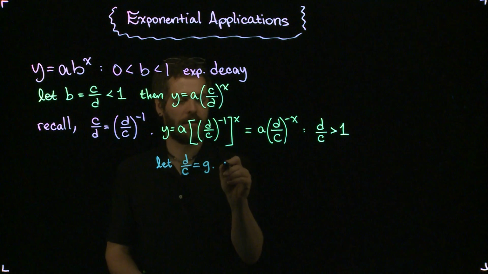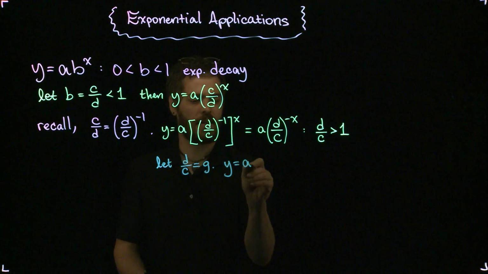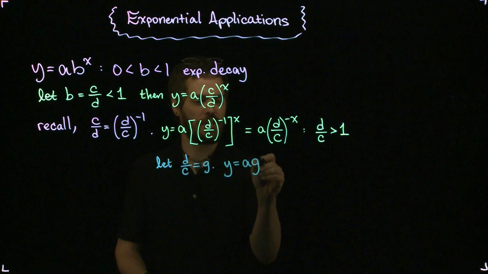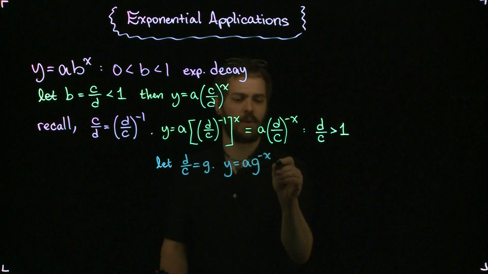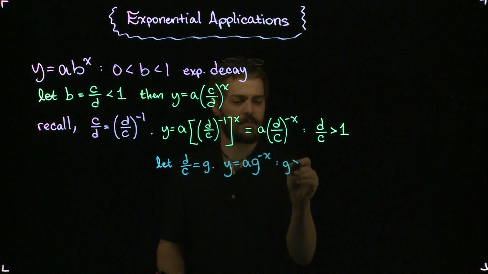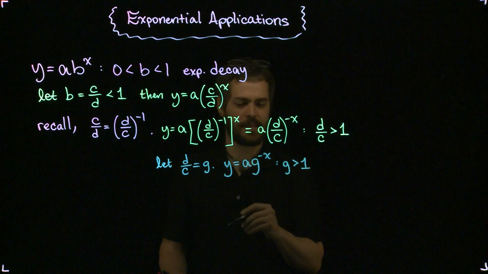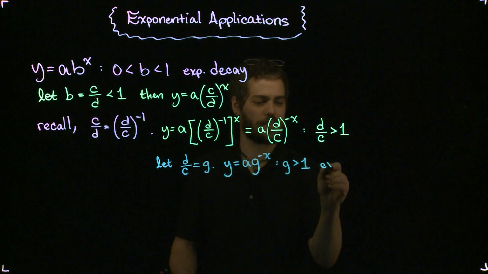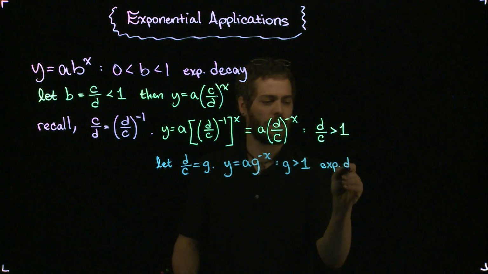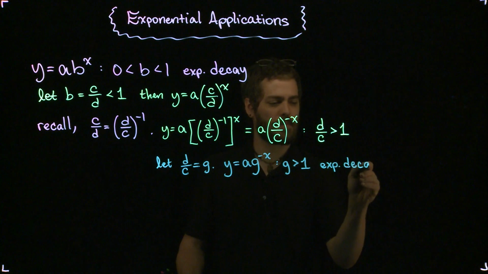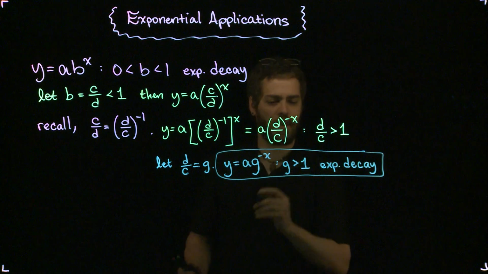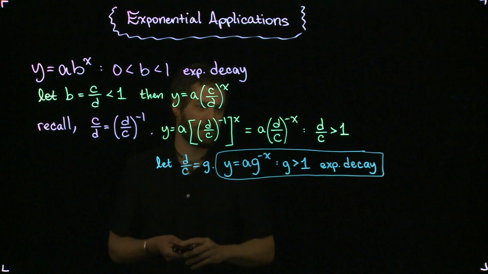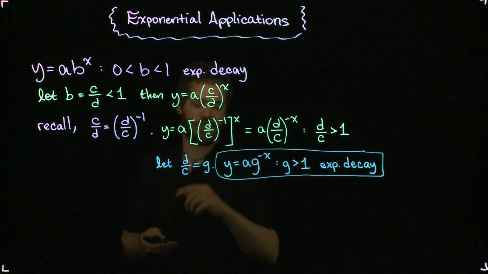Then y equals a times g to the negative x, where g is greater than 1. This also exhibits exponential decay. So it's just another functional form, just another way to show some kind of exponential decay, where in this case our g is some number greater than 1.